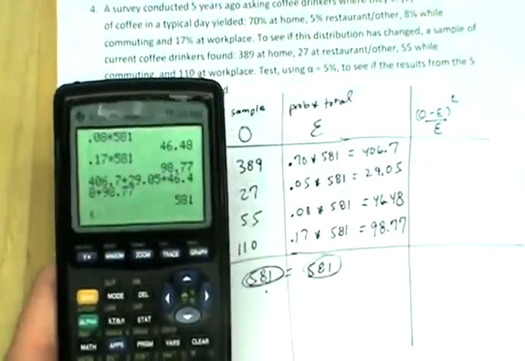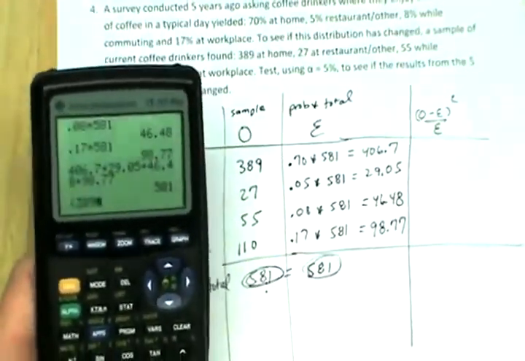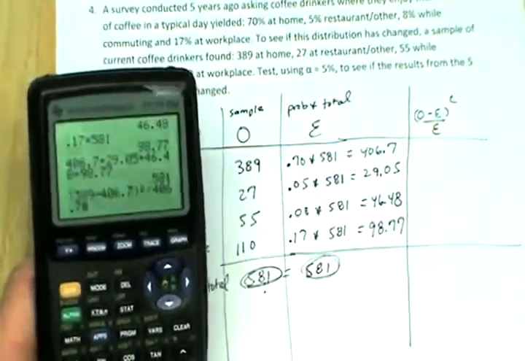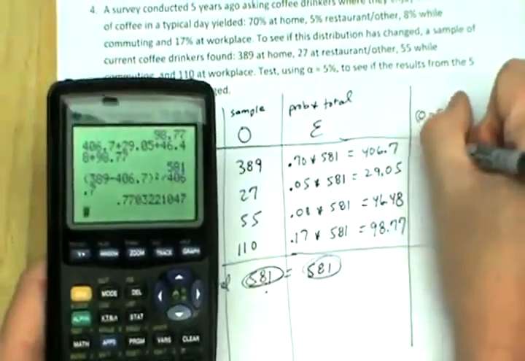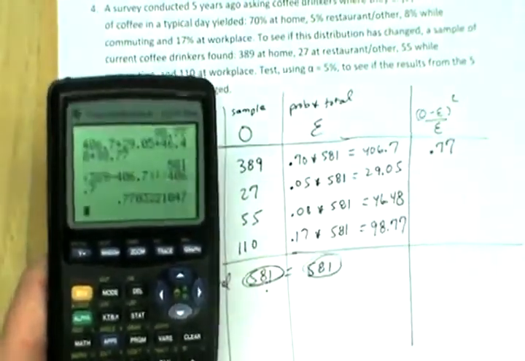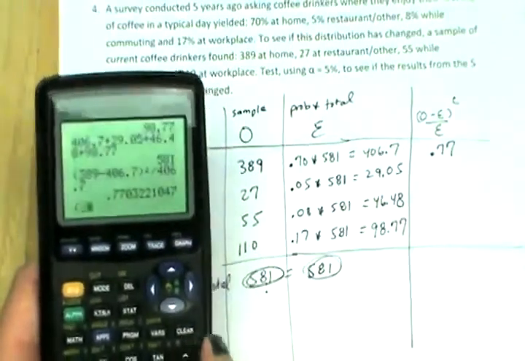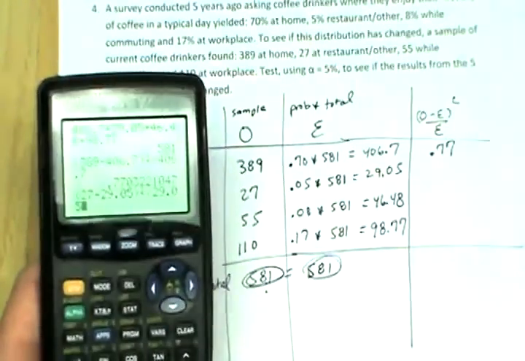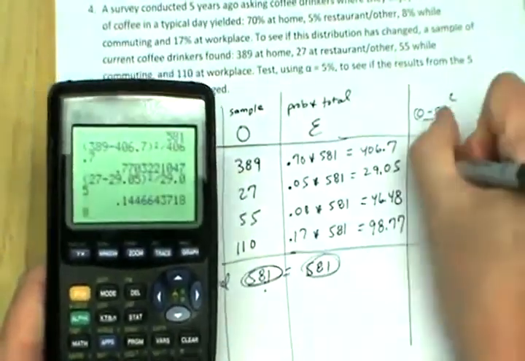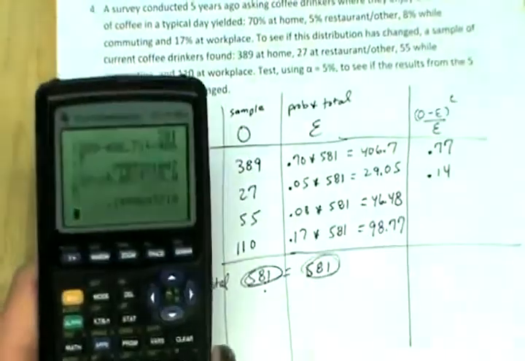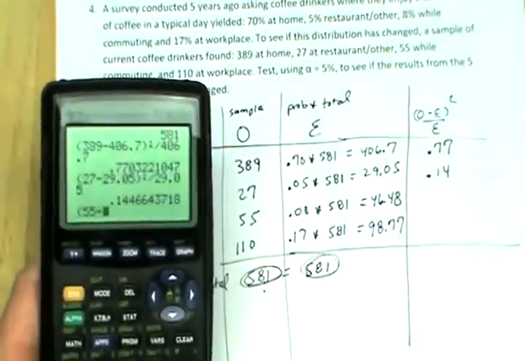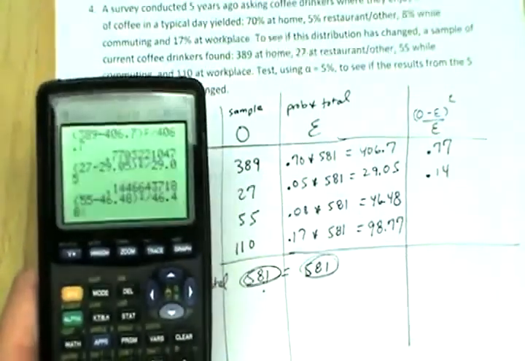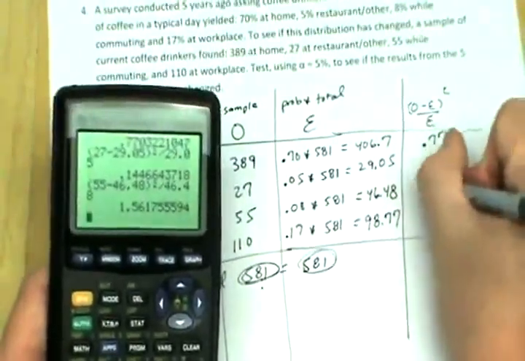So we're going to take 389, subtract the 406.7, square that and divide by 406.7. That's 0.77. 27 minus 29.05 squared divided by 29.05 is 0.14. 55 minus 46.48 squared divided by 46.48 is 1.56.